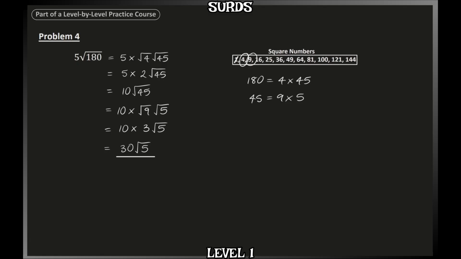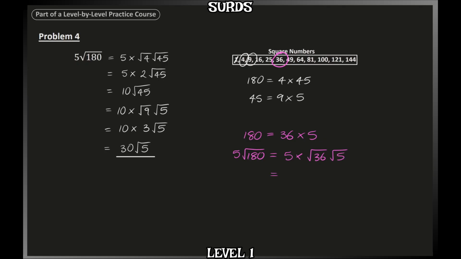It's also worth mentioning that if at the start we'd noticed that 180 can be written as 36 times 5, where 36 is on our list of square numbers, we could have rewritten 5 times the square root of 180 as 5 times the square root of 36 times the square root of 5.